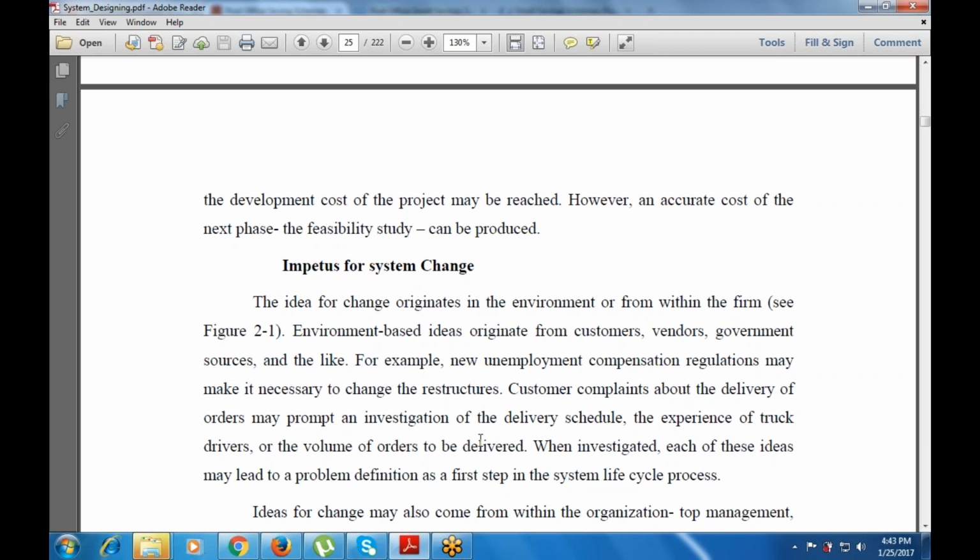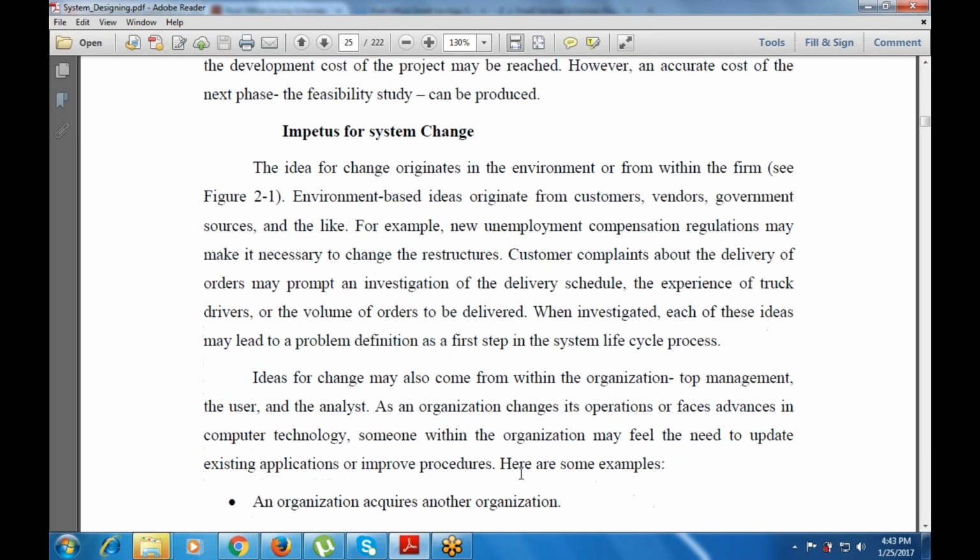The ideas for change may also come from within the organization: top management, users, and the analyst. As an organization changes its operations or faces advances in computer technology, someone within the organization may feel the need to update existing system applications or improve procedures. Here are some examples.